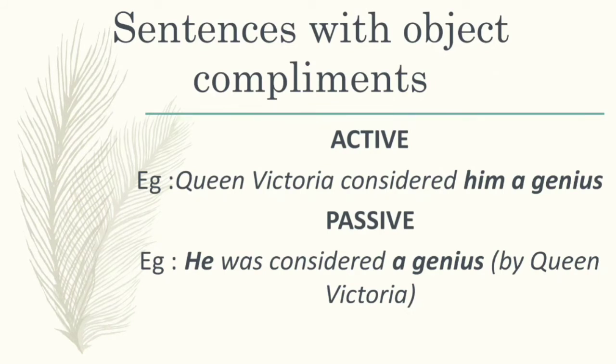Like that, they elected him president. He was elected president. We regarded him as an expert. He was regarded as an expert. Most people saw him as a sort of clown. He was seen as a sort of clown. I made the room beautiful. The room was made beautiful.